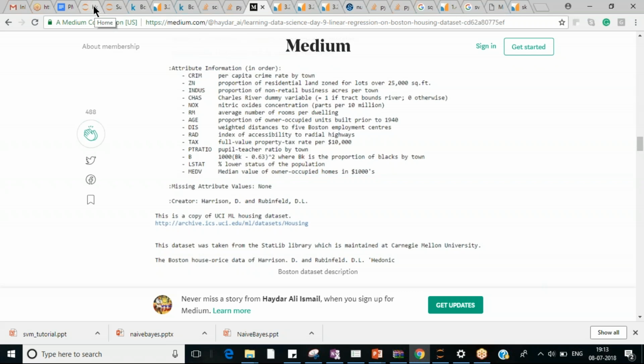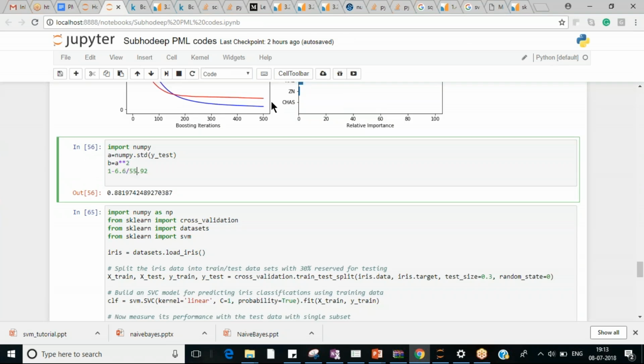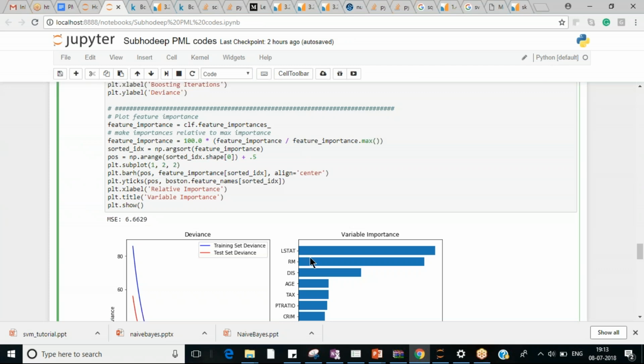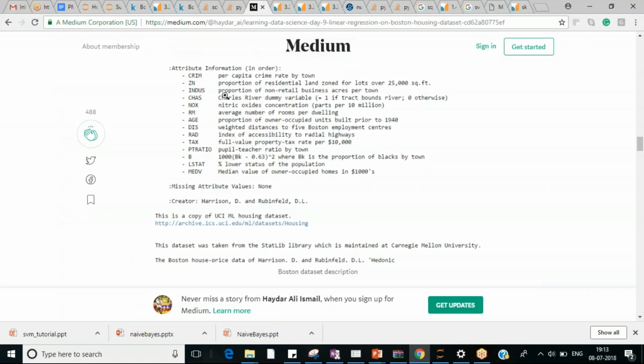And you see the second variable, RM is the second most important. If you go to RM, where is RM? Average number of rooms per dwelling, of course. If your number of rooms is less, then obviously the price of the house will be lower. If the number of rooms is high, then the price will be higher.